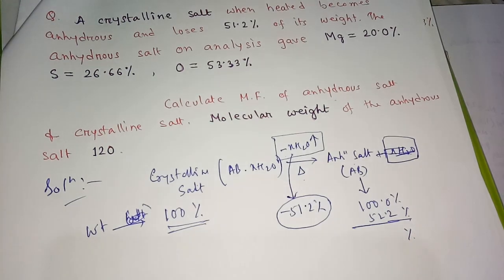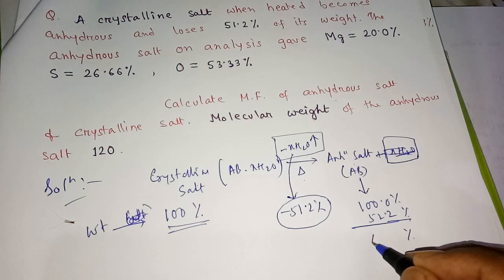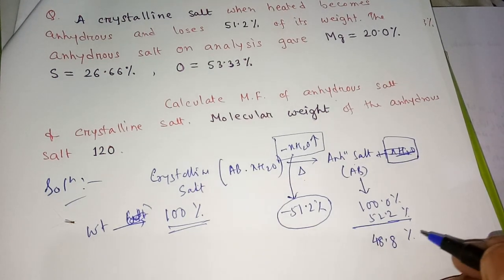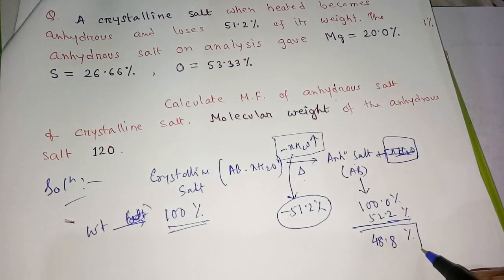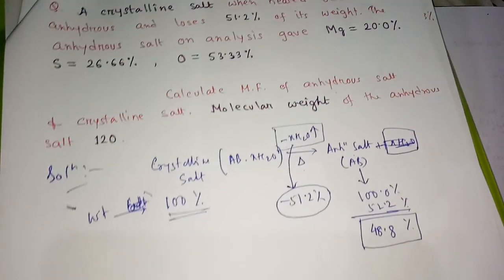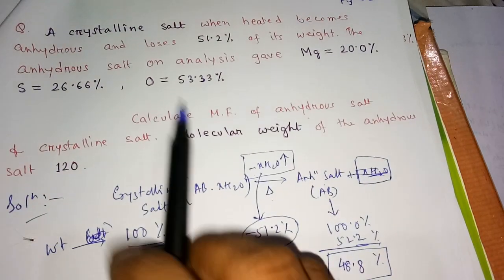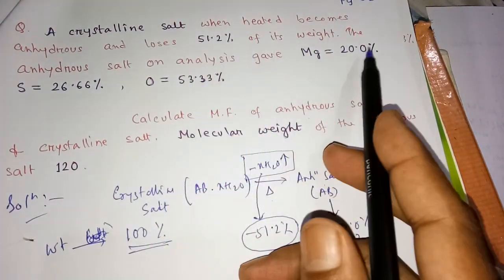So you are getting the percentage of the anhydrous salt, that becomes 48.8%. Now this 48.8% is the anhydrous salt, and the crystalline salt, when heated, loses this much water.